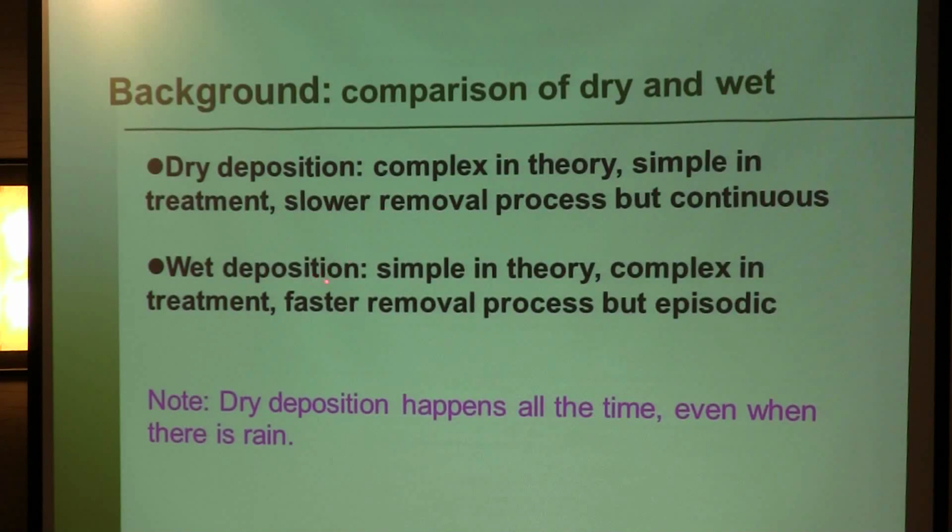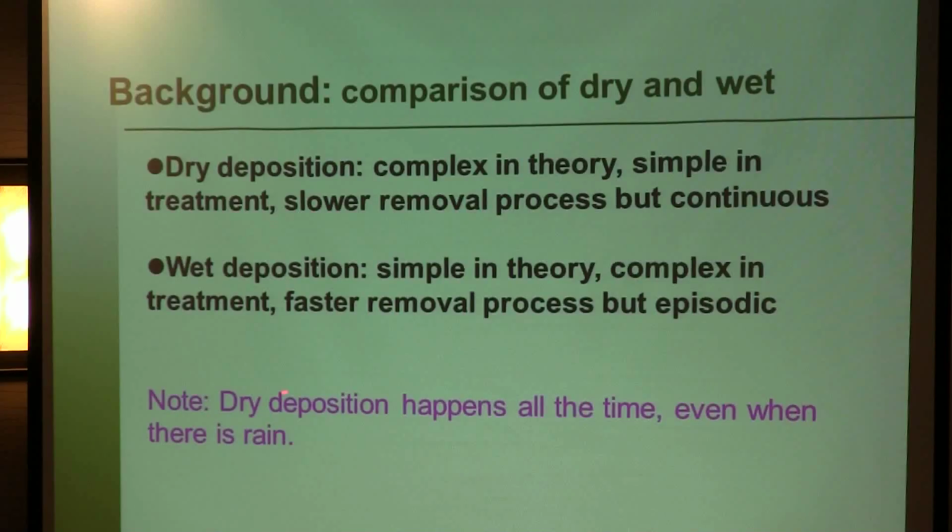For wet deposition, the theory is very simple: the pollutants are just incorporated into hydrometeors, then fall onto the ground. However, because the falling droplets have a very complex dynamic process, its treatment is very complex.